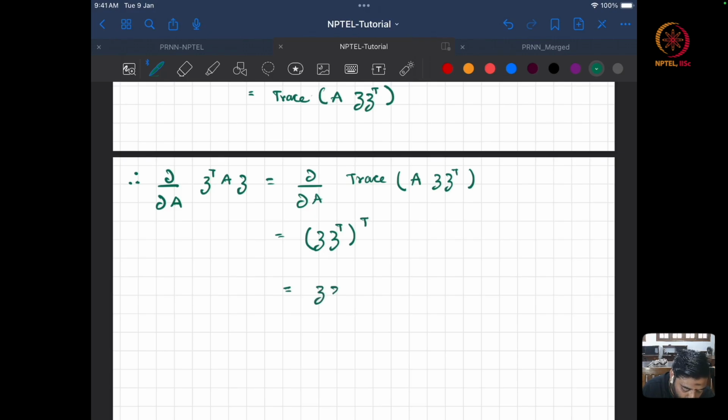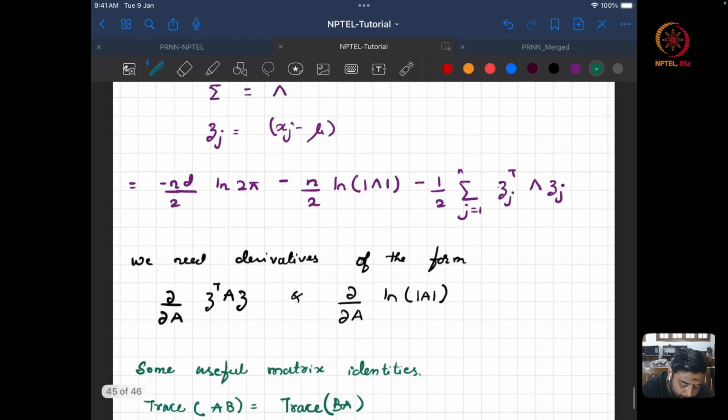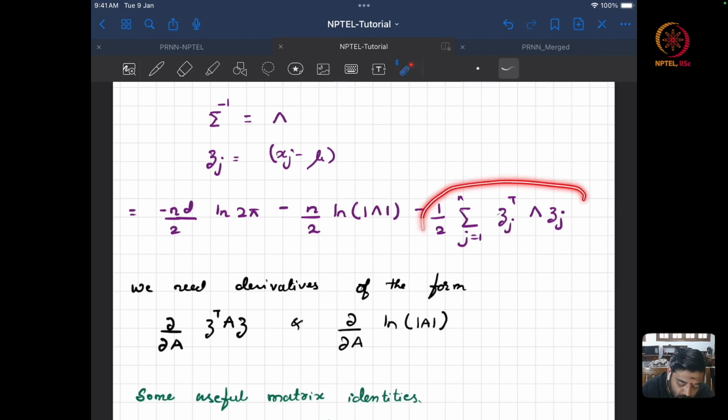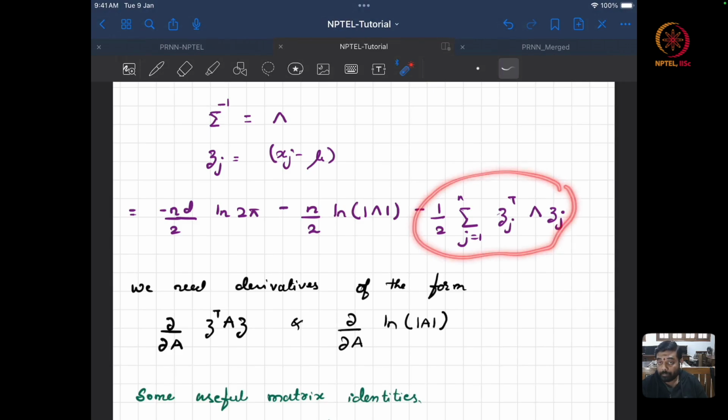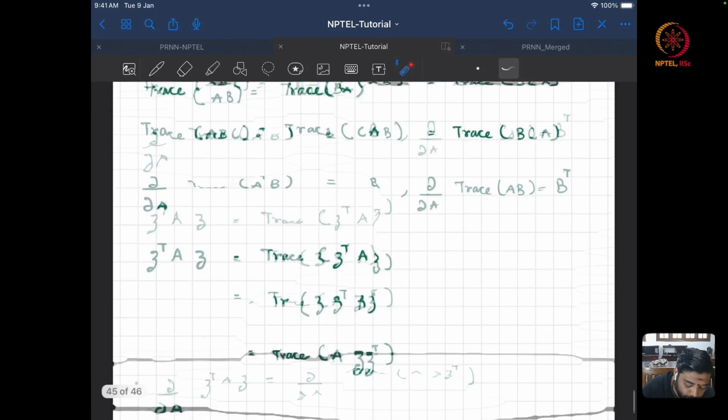This is Z Z transpose, the outer product of the vectors Z. Okay, so now going back, this is done. I can individually take care of this. This will give me Zj Zj transpose. This part is done. So now I should take the gradient with respect to this. Okay, that is what is pending for us now. Okay, now let's do that.